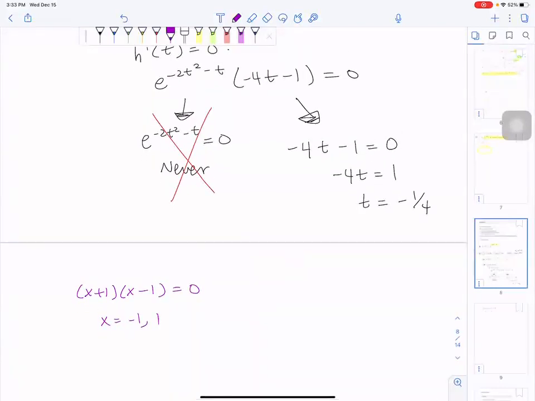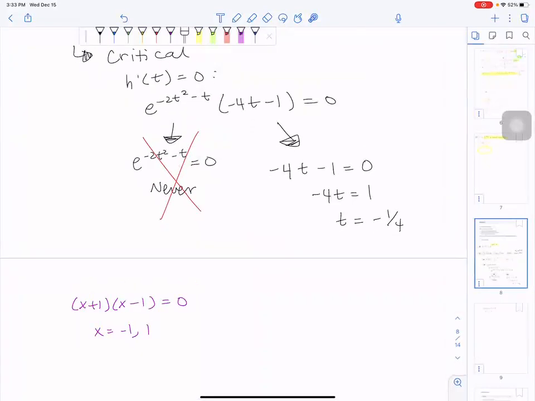All right. So keep in mind that you can only do this, separating this first thing equals 0, this second thing equals 0, if you're multiplying things, because that's what it means for something to equal 0. Whenever you're finding the critical points, it's also a very good idea to try to factor.